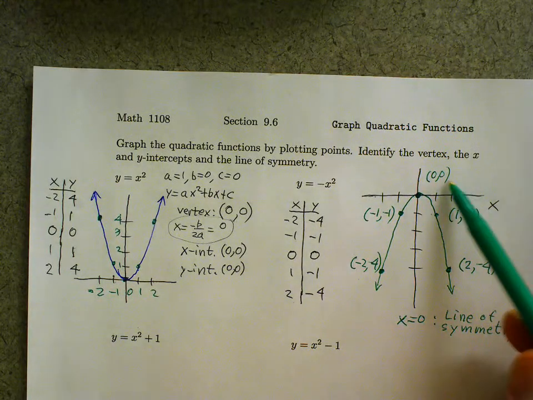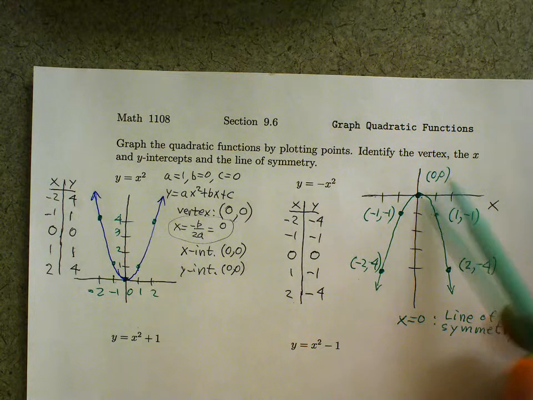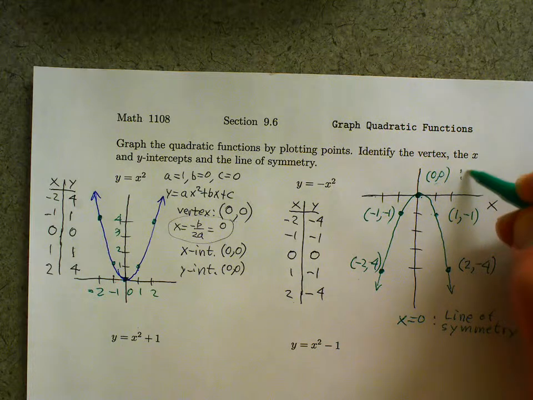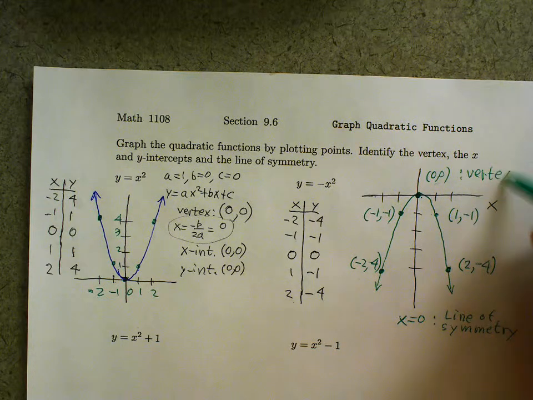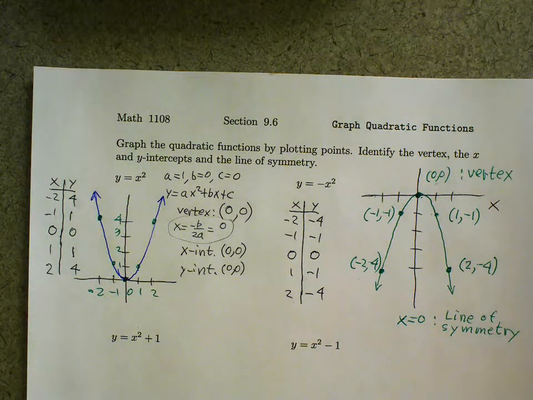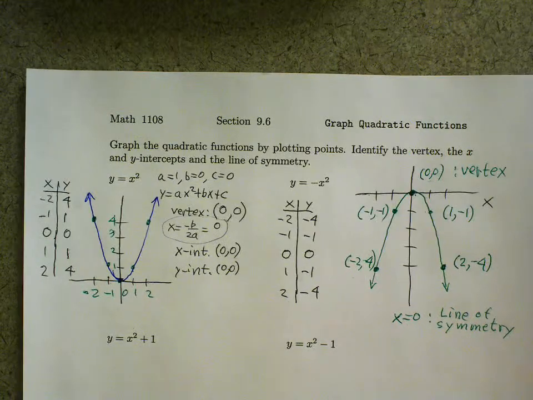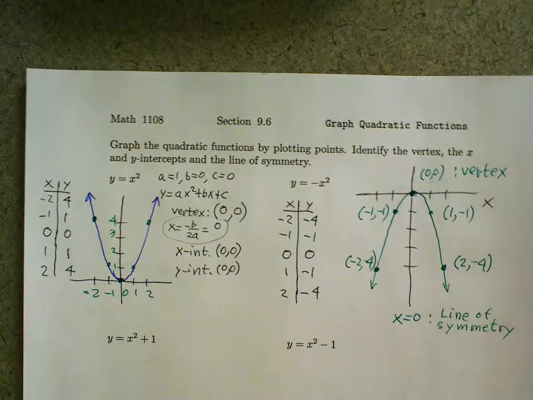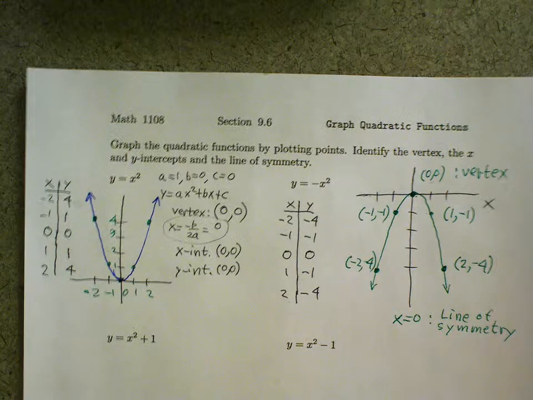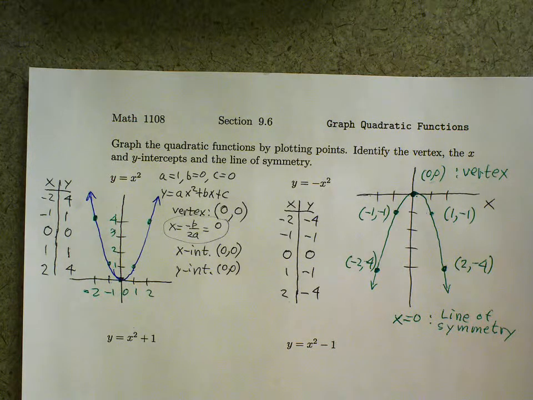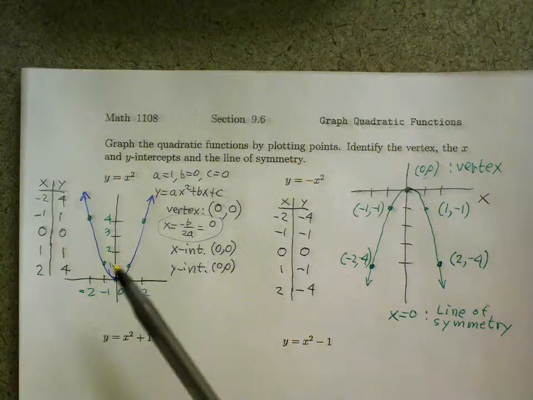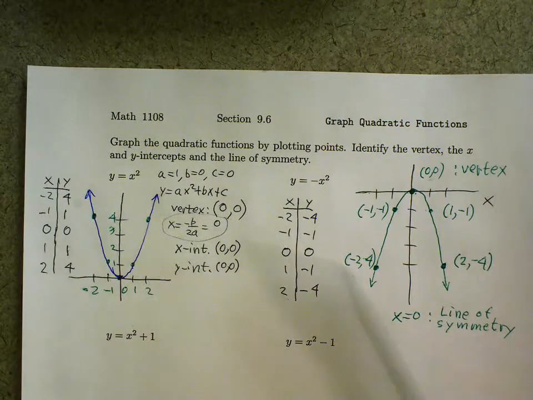And both the x-intercept and the y-intercept is the ordered pair (0, 0), which is also the vertex. Okay, those are the two basic parabolas, one that opens up and the other one that opens down.